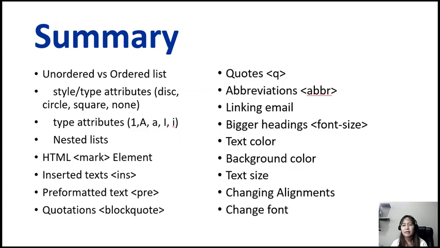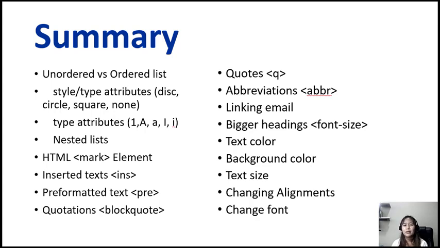So for this video, we learned how to differentiate unordered and ordered lists. We learned how to change the style or the type of the attributes using disk, circle, square, and none for our unordered list. And we also learned how to change the style of our ordered list from the default setting, which is 1 or numbered list, to letters A, capital and small letters, and Roman numerals.